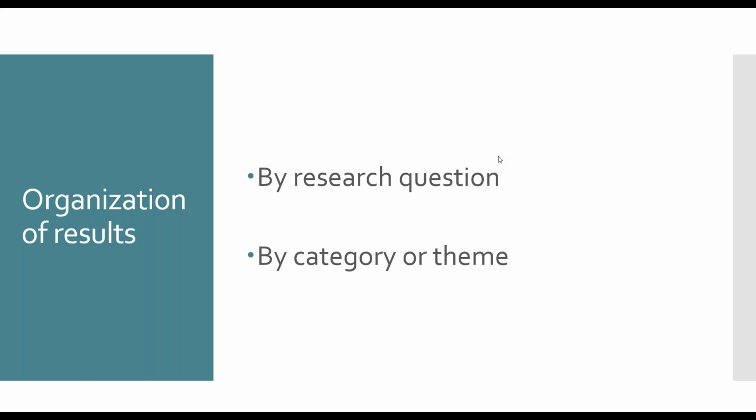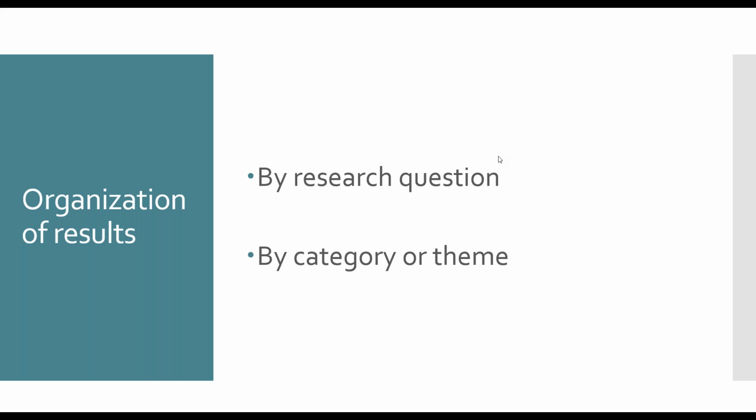Sometimes, if you have, for example, a one-to-one situation where one theme addresses one research question, say you have 3 research questions and you have 3 themes or 3 categories that you discovered in your data analysis, it might make the most sense to organize this section based on research question. Here's my research question 1. Here is the category or the theme that addresses that research question, and then you present that.